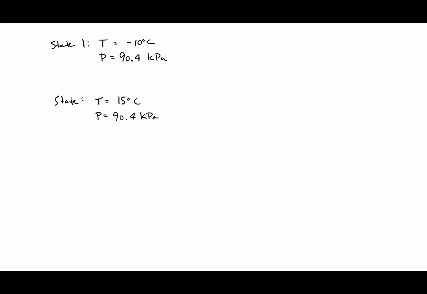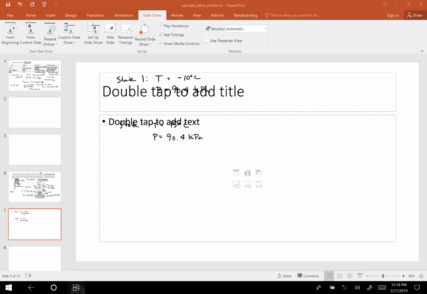And once we determine what the phase is, we can look up the specific volume on the table, and then we can subtract the initial volume from the final volume, and then we can calculate what the change in volume is. So let's go look at the tables to determine what our phases are.